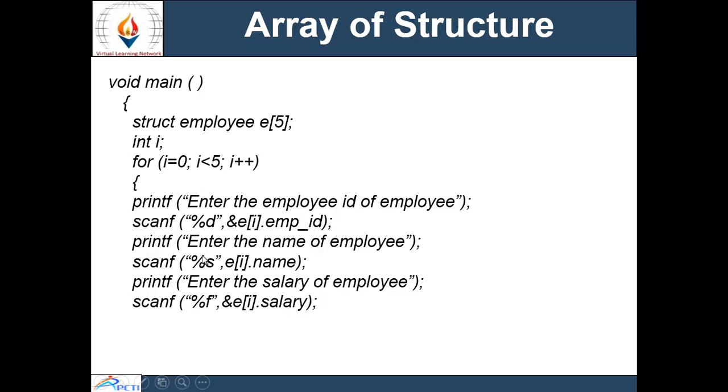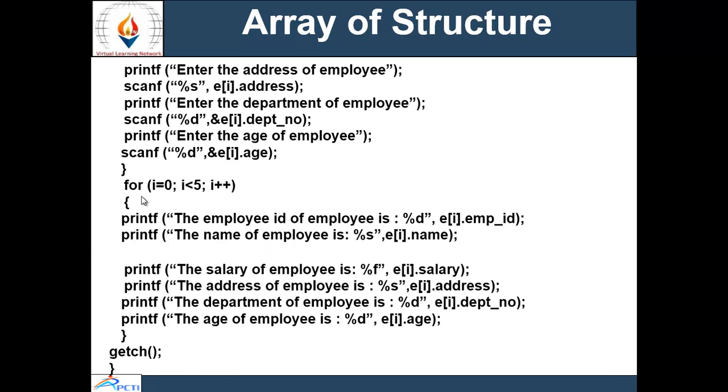For the next employee, it will increment the value of i, that is i increments from 0 to 1. Then it will store the information about the second employee, similarly the third employee, similarly the fourth employee. So by using this loop, we can store the information about 5 employees.